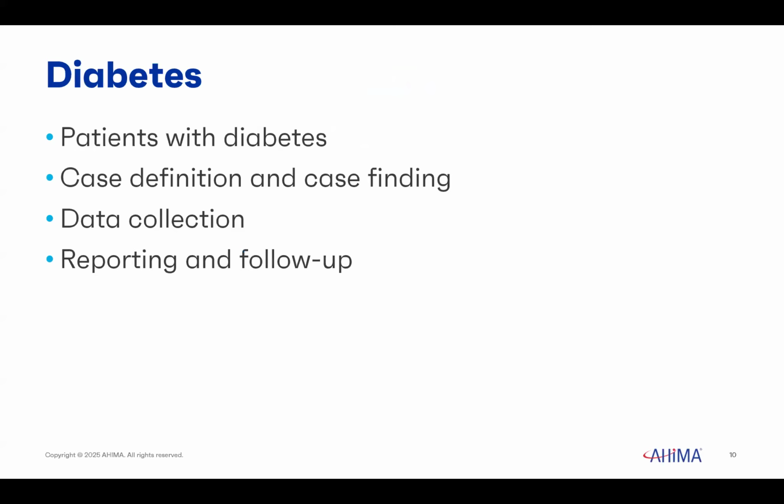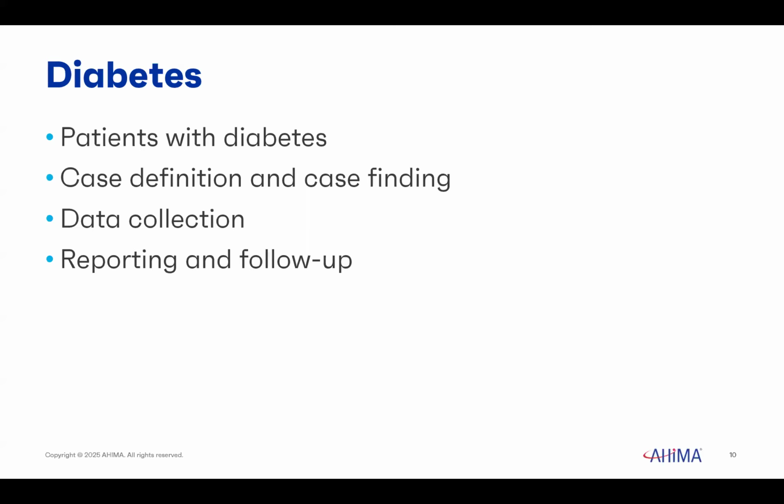Kaiser Permanente and other large healthcare organizations are very interested in tracking patients with diabetes. Diabetes continues to be a big concern for the US Public Health Service. And we are looking at tracking patients who have a diagnosis of diabetes.